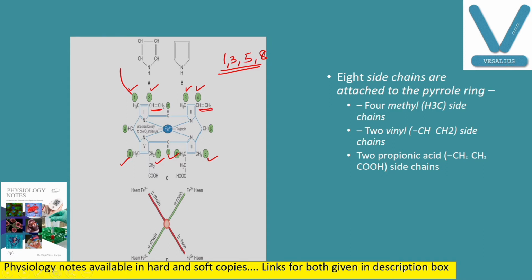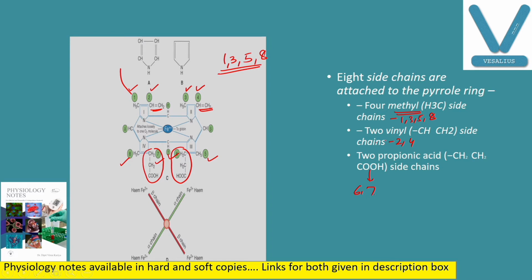And propionic acid, that is CH2CH2COOH, attached to the 6 and 7 positions. I repeat: methyl side chains are attached to 1, 3, 5, 8, vinyl to 2 and 4, and propionic acid to 6 and 7.